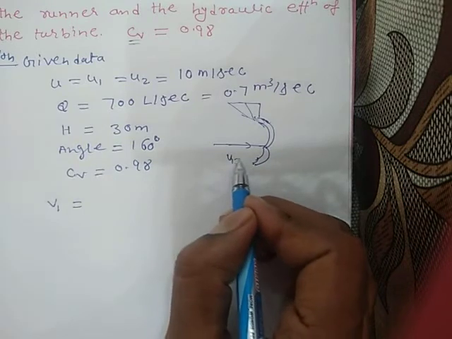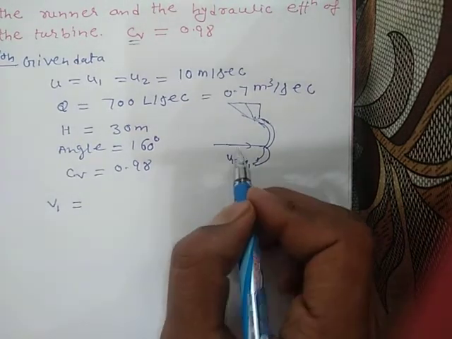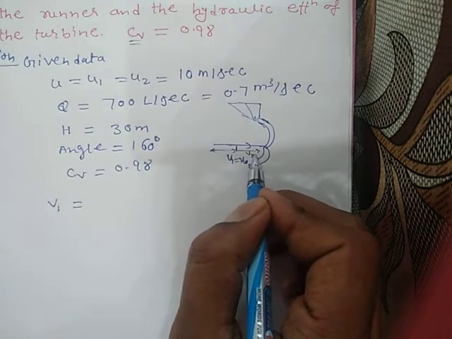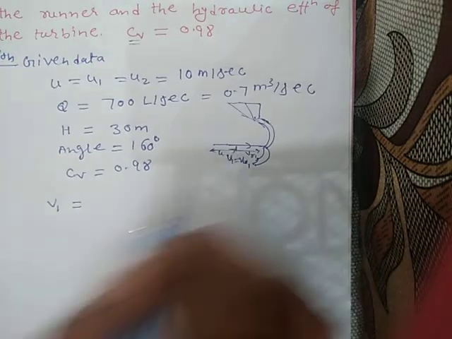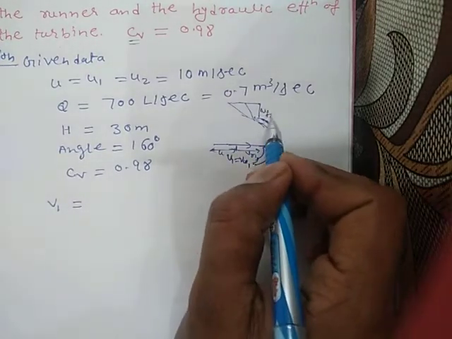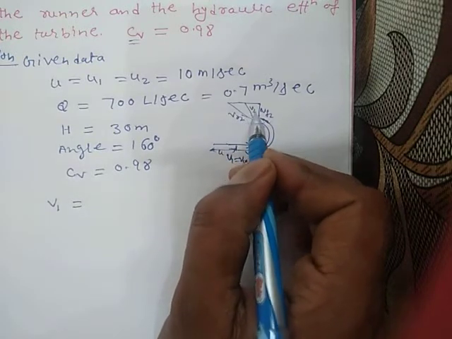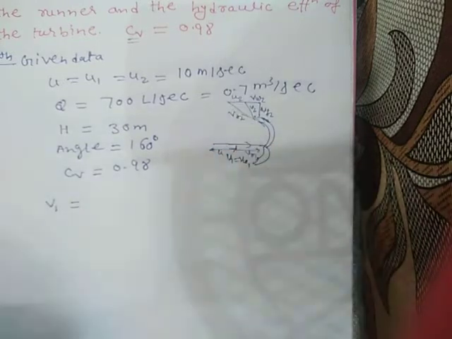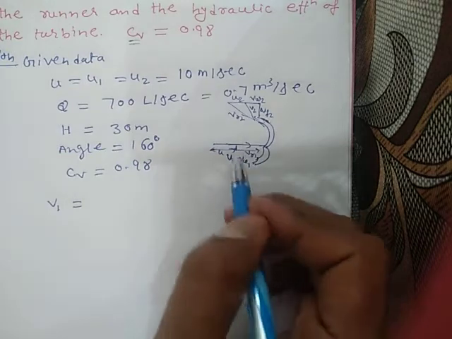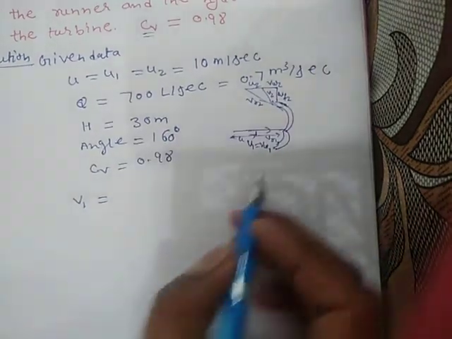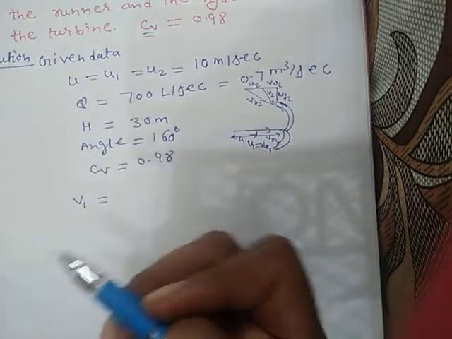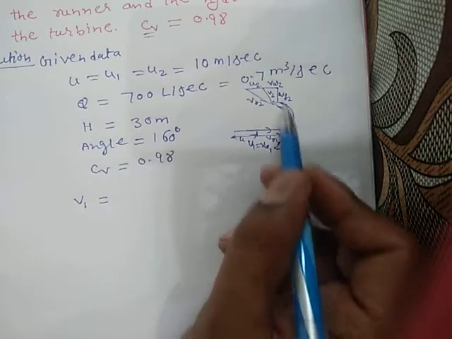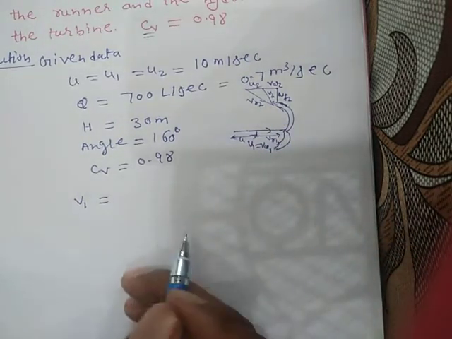V1 is equal to VW1, you can see here, and this one is VR1 and U1 you can write here. Okay, VF2, VR2, you can write V2. Okay, VW2. And here is U2. So this is the velocity triangle. Try to understand the velocity triangle. Without the velocity triangle you are not able to calculate the efficiency, what the work done by the Pelton turbine is. First of all you need to know what the velocity triangle of the Pelton wheel turbine is.